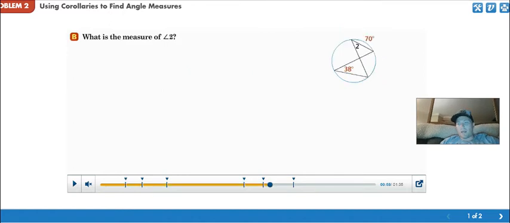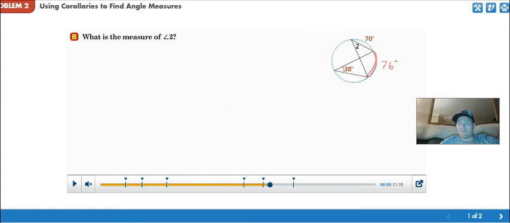The next one, similar, says, what is the measure of angle 2? I'm given a couple different things. I have this inscribed angle of 38, and the arc goes from here to right there. Remember, it's half of it, so this arc length would be 76 degrees.